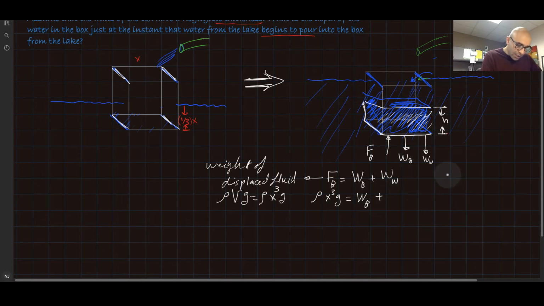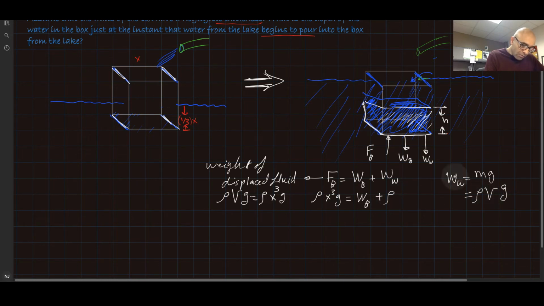So now let's find that weight of the water. The weight of the water is equal to mass times gravity, and mass is density times volume.